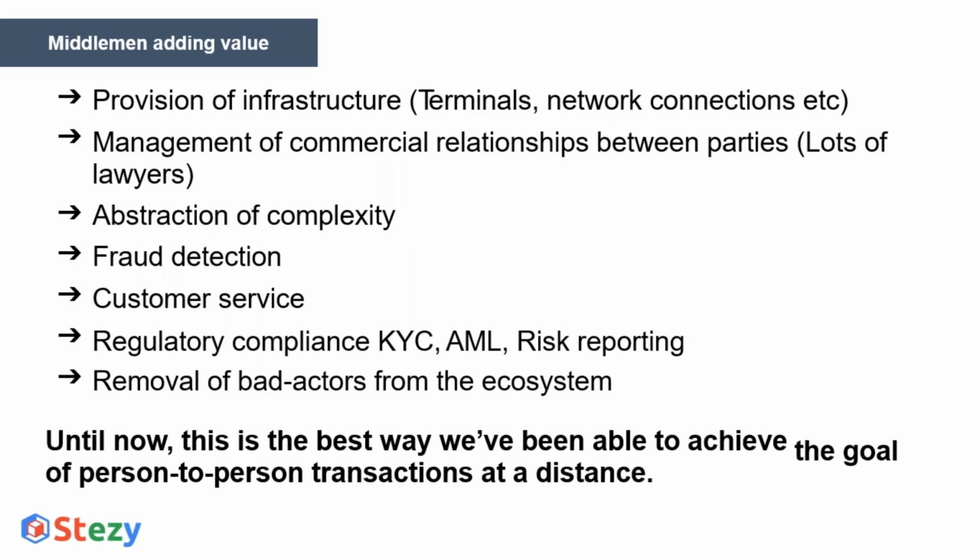So what are the costs which are adding into the current system? Provision of infrastructure is one, that is terminals, network connections and all. You have management of commercial relationships between parties, that is adding a lot of cost. So a lot of abstraction of complexities can be removed using blockchain, and fraud detection can be real time. You can look into how the data is getting shared and behaved, and some of the contracts which are needed can be directly put on the blockchain so that they will be self-executed.